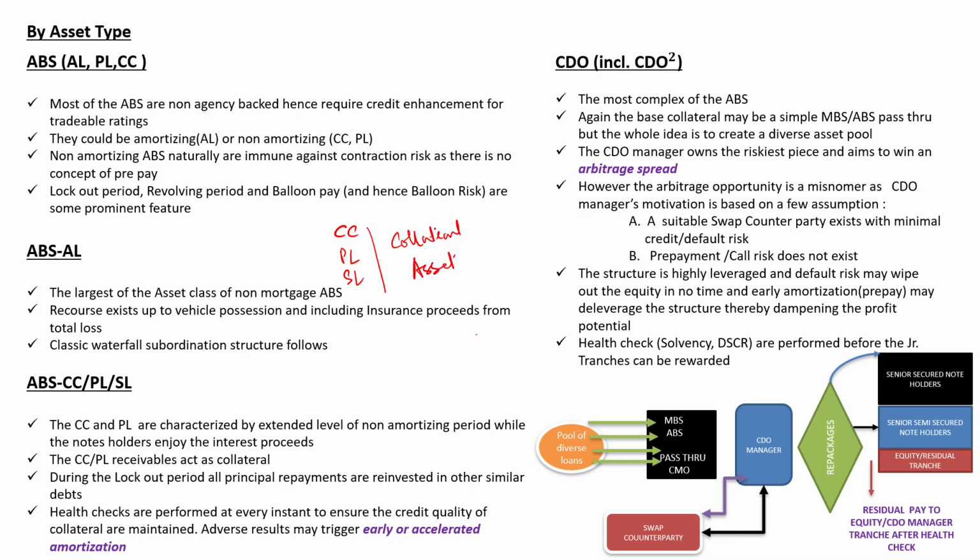Okay, there's no collateral at the asset level, which means there's a considerable risk being borne by the notes holder, because if there is a default, there's really nothing much the note holder could fall back to, because there are no hard assets.